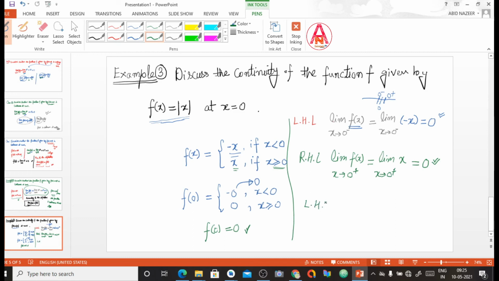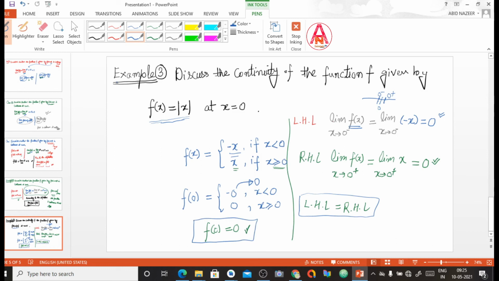So the left hand limit is equal to the right hand limit, and the function's value is f of 0, which is 0.